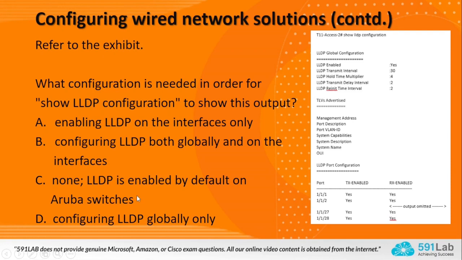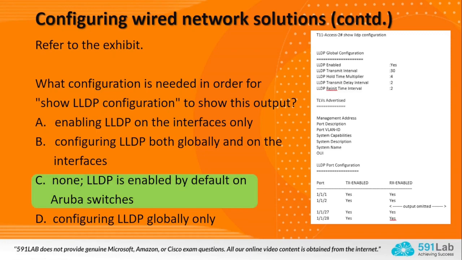Yes, that should be the correct answer. Configuring LLDP globally only. I didn't configure anything. So I didn't do any configuration related to LLDP, but the switch was showing this output when I ran show LLDP configuration. That means LLDP is enabled by default on Aruba switches. Correct answer is C.